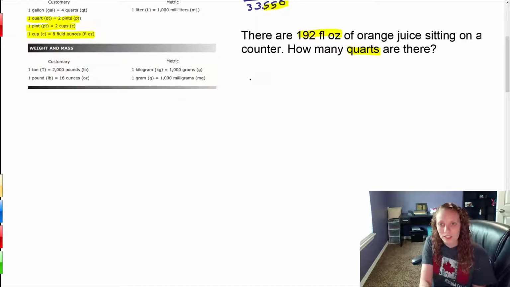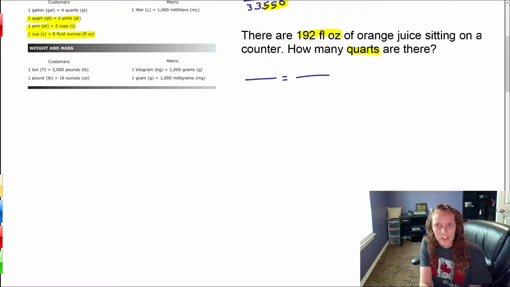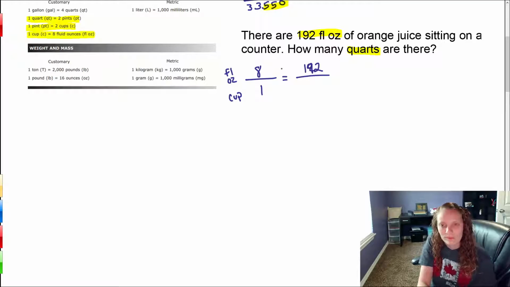So let's start with setting up a proportion, starting with the fluid ounces. I see that 8 fluid ounces is equal to 1 cup. Since we have a total of 192 fluid ounces, that's going to go across from fluid ounces.